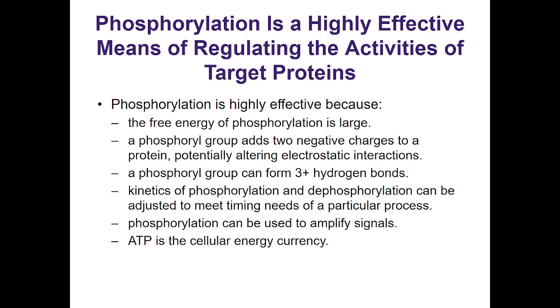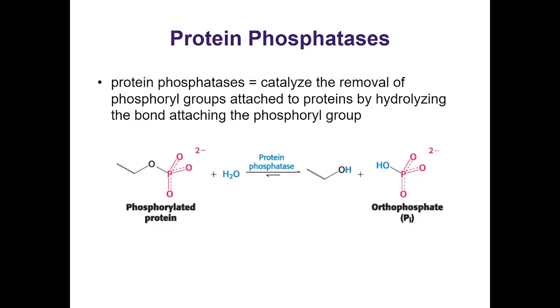I mean, it will alter the electrostatic interactions, period, but potentially those are meaningful. Does that make sense? A phosphoryl group can form 3+ hydrogen bonds. Notice that this group right here has 3 or more hydrogen bond acceptors, doesn't it? And that's for the completely deprotonated one.